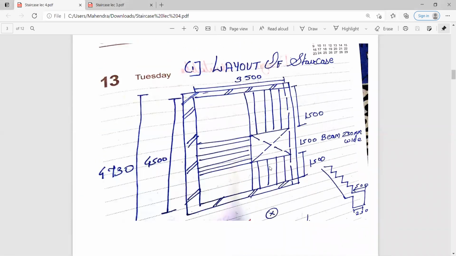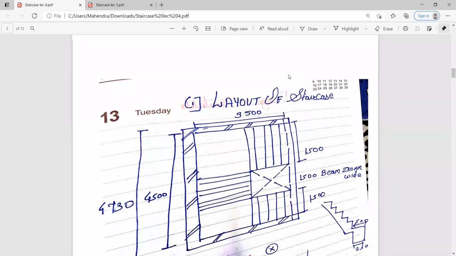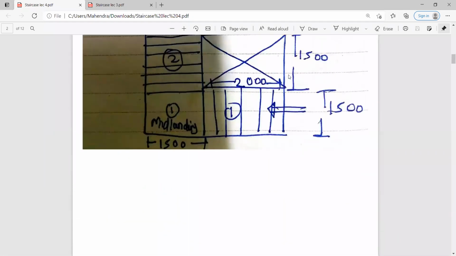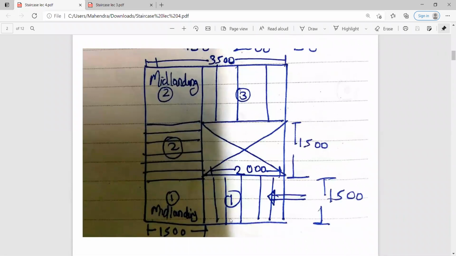In the layout, this is your first flight, this is your second flight, and this is your third flight. So the number of risers and treads for first and third will be the same, and for second the number of risers and treads will be different.